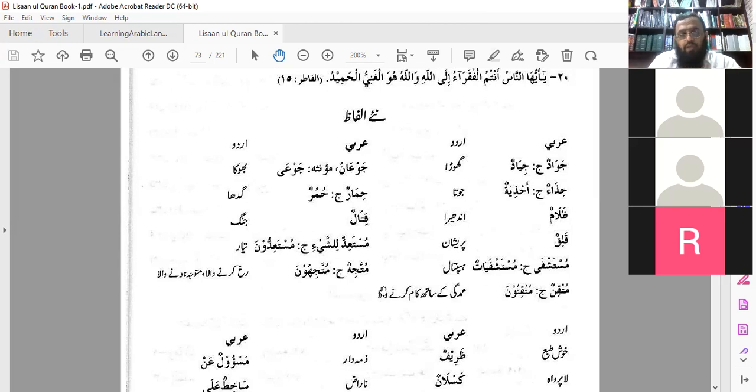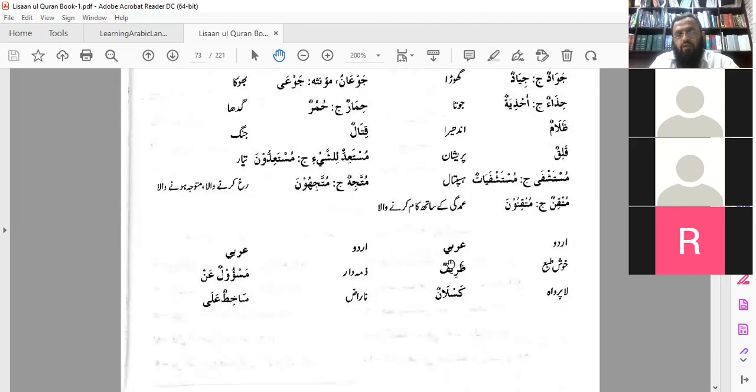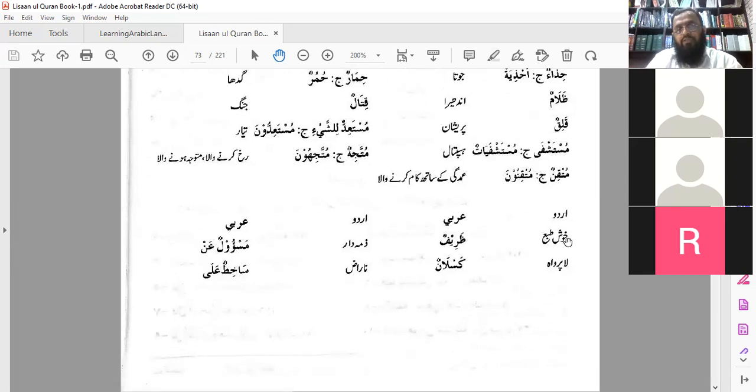Muttajihuna. And mutkinun, it's plural, the one who does something in a very well manner. The person who has a good personality, he remains happy, positive, is known as zarifun. The person who's careless, kaslanun.